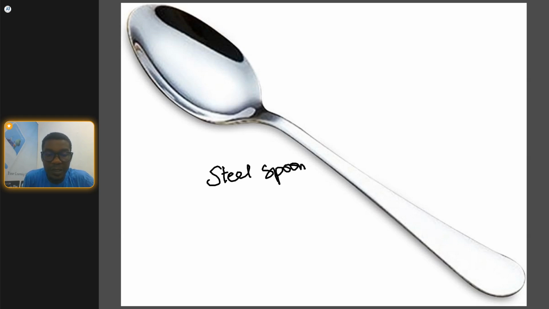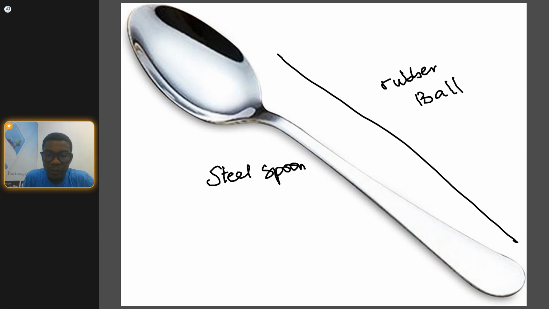Now we are comparing the steel spoon against a rubber ball. Okay, a steel spoon and a rubber ball. A steel spoon is option 1 and the rubber ball is option 2. Now, which of the two is more elastic?